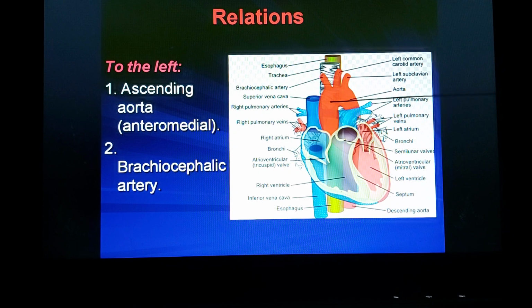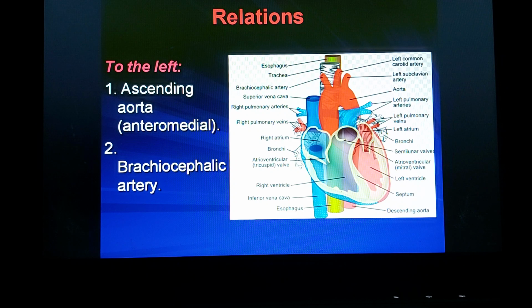The left side is related to the ascending aorta and the brachiocephalic artery. So these two are the relations of the left side of the superior vena cava, the ascending aorta and also the brachiocephalic artery.